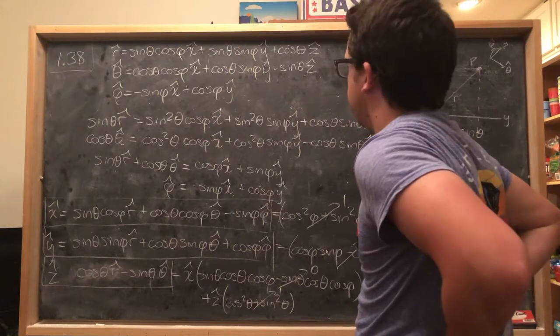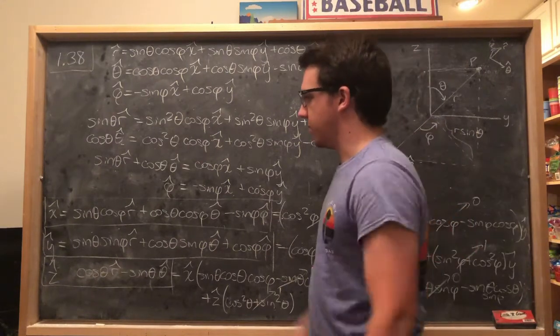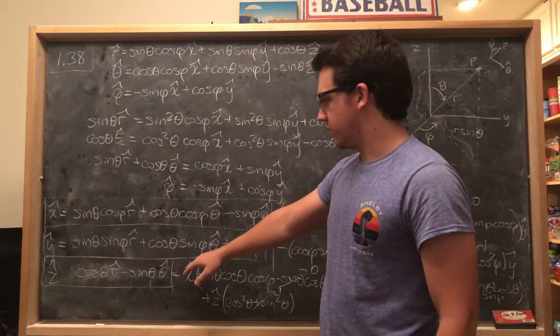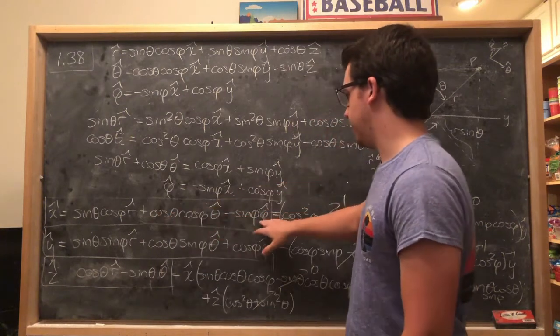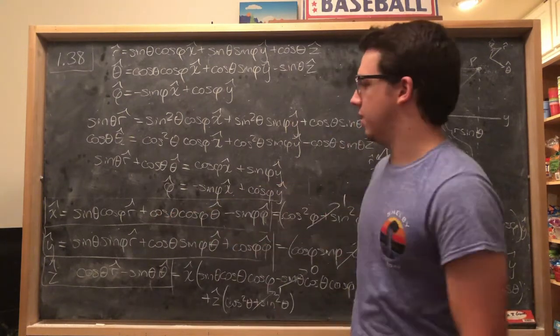All right, and there we go. So we've got our x hats, y hats, and z hats in terms of r hat, theta hat, phi hat, and theta and phi.